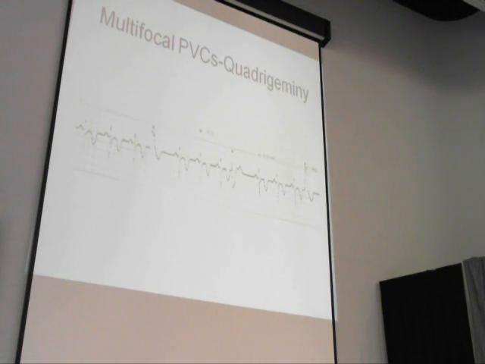So lidocaine is based on weight, milligrams per kilogram, and you want to give it no faster than 25 milligrams per minute if they're conscious. 25 milligrams a minute. And we continue to monitor the patient.